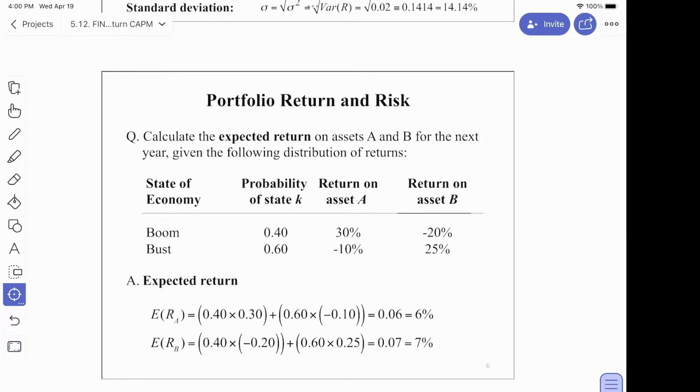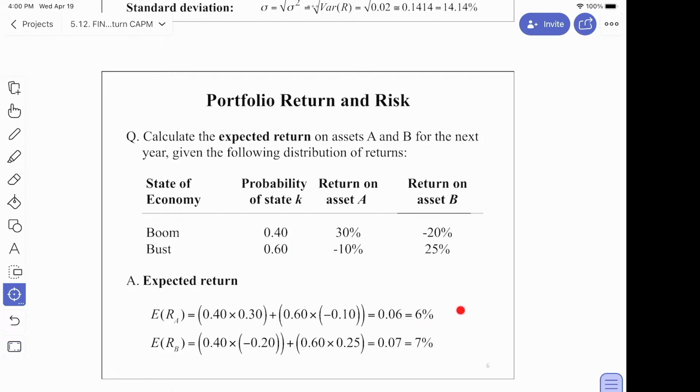And you have information, very simple information, about two possible states of the economy. Either there's going to be a boom or a bust. With that information, what's the expected return for asset A? What's the expected return for asset B? Well, we have to compute a weighted average. And that means multiplying P by asset A's return and adding to P by asset A's return in the bust state.